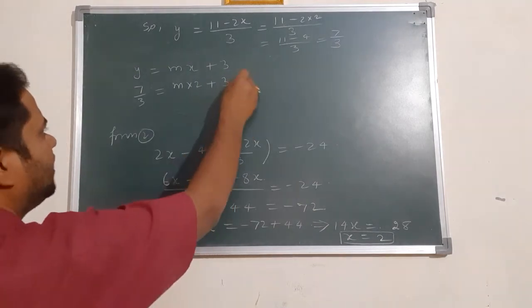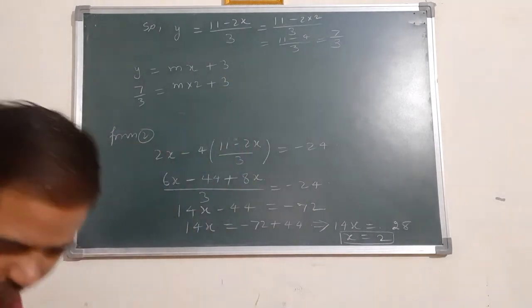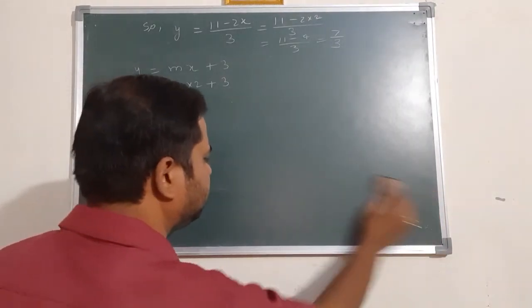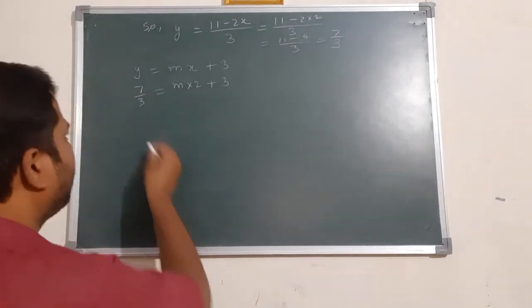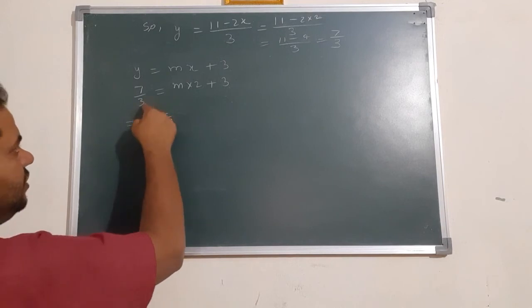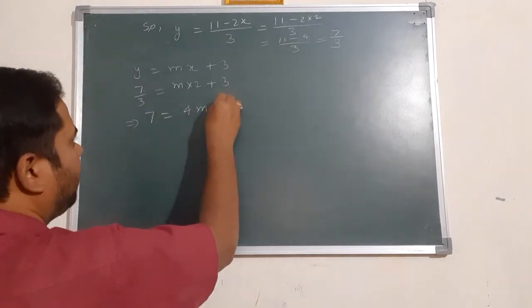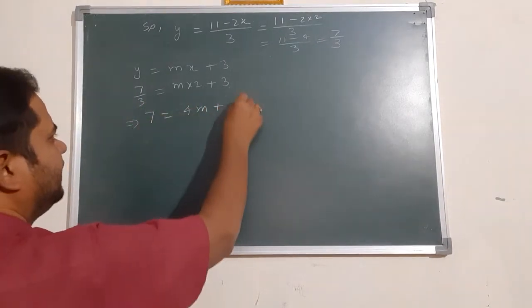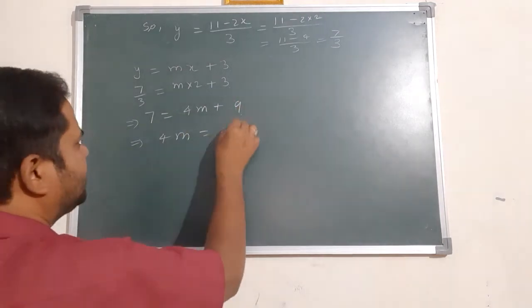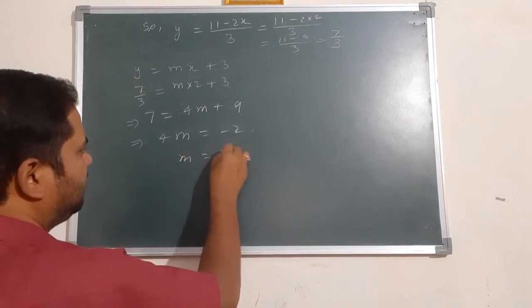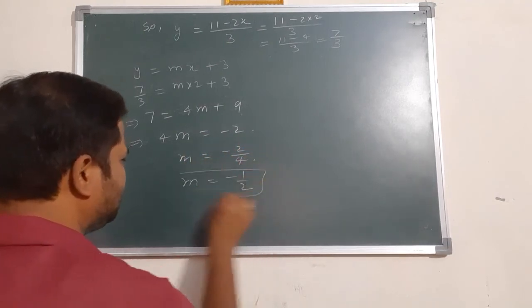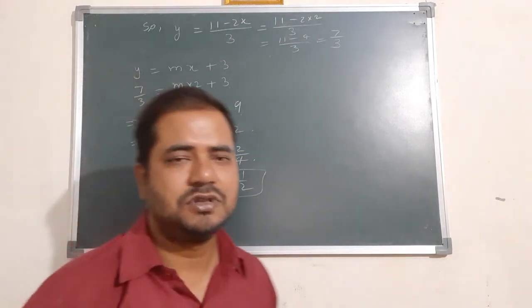So 7 by 3 is equal to 2m plus 3, that is 7 is equal to 6m plus 9. Okay, so 6m is equal to minus 2. So m is equal to minus 2 by 6, m is equal to minus 1 by 3. Okay, so this is the process.